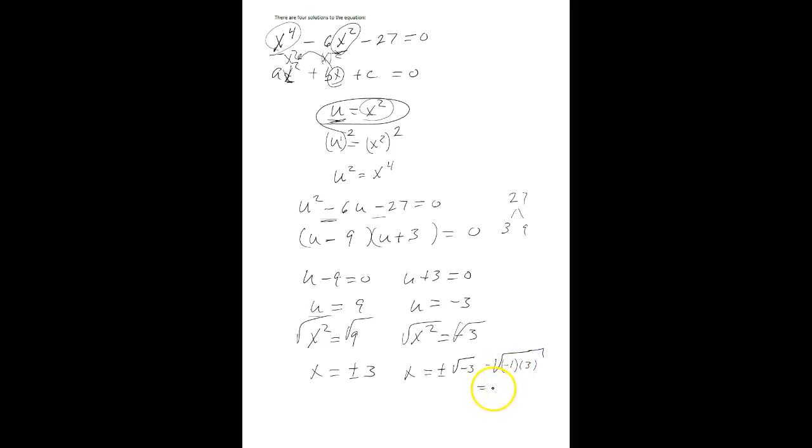Negative 1 is the same thing as i squared, so i squared times 3, and that's equal to the square root of 3 times the square root of i squared, which is equal to the square root of 3 times i. So the 4 solutions are plus or minus 3 and plus or minus the square root of 3 times i. So that's one way of solving it, by U substitution.